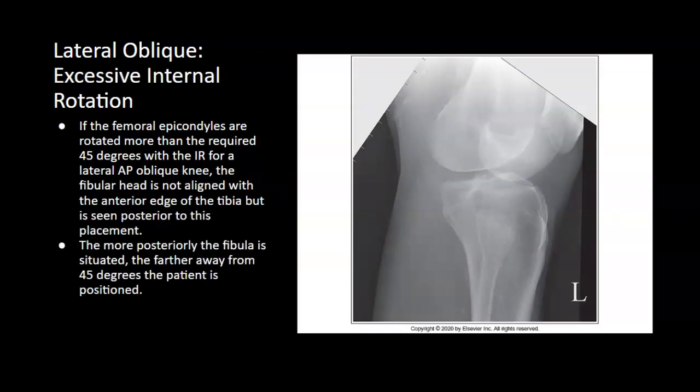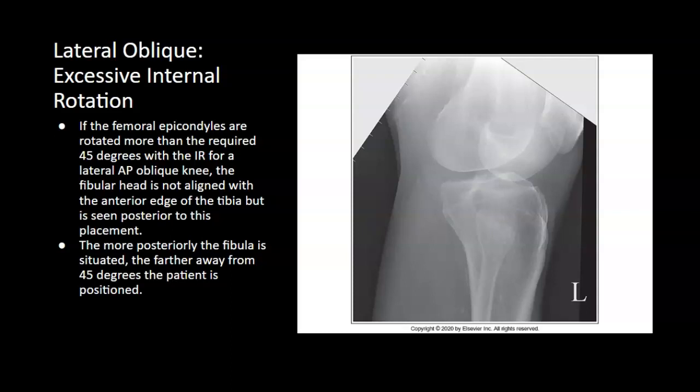In excessive lateral oblique rotation, you're going to, again, look for that fibular head and determine its position in relationship to the tibia.